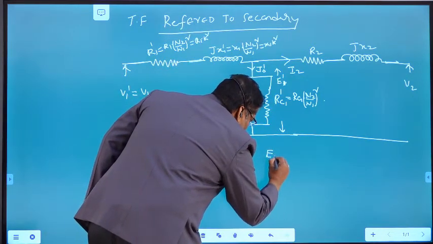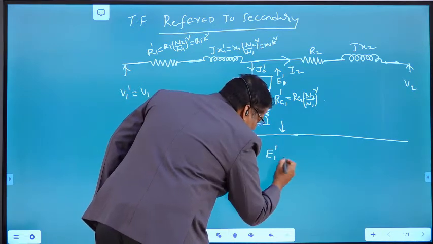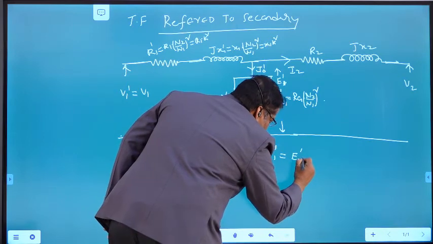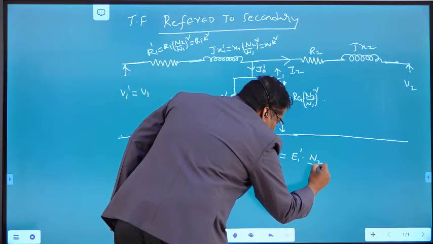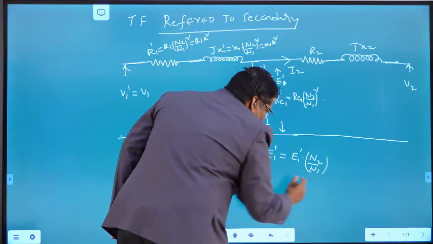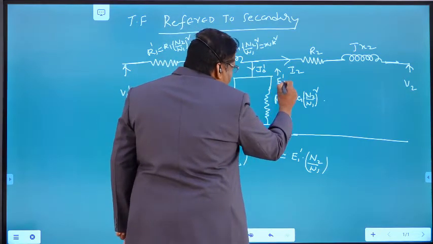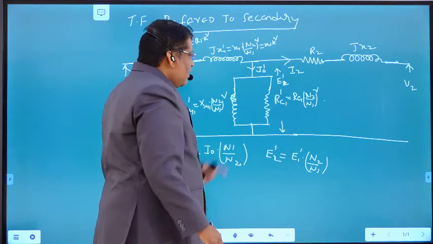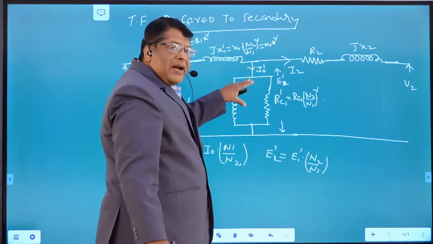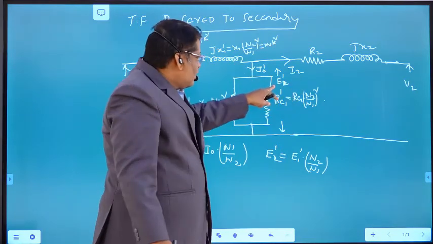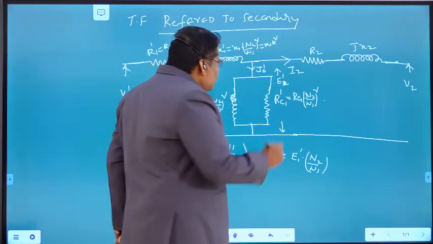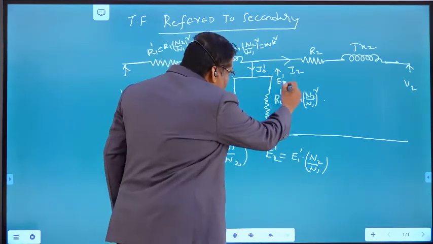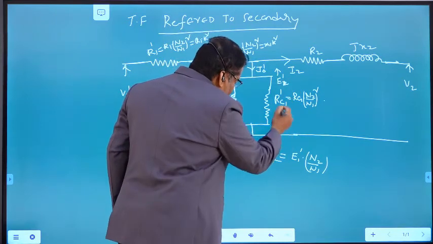E1 dash with respect to the secondary is equal to E1 into N2 by N1. Now we take this as E2 dash. E2 dash is the voltage across the shunt branch referred to the secondary. You can calculate this value in this manner.